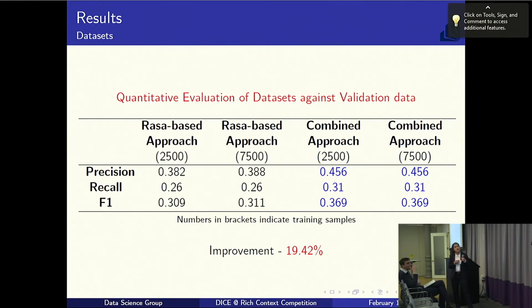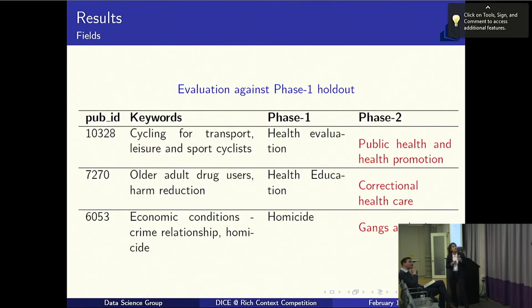But when we tried a combined approach, the performance improved by around 20%. A reason for that could be that the labels in the training dataset that we had were not uniform in dataset mentions.